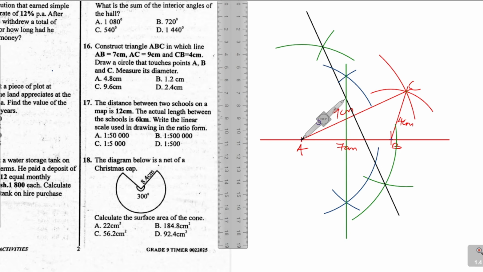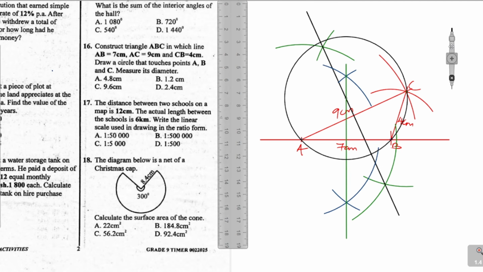Like mine is touching A. So from that point now you can draw a circle, and that circle should touch those vertices very well. As you can see, it touches the vertices very well. So that is how you draw a circle touching the vertices of that triangle.